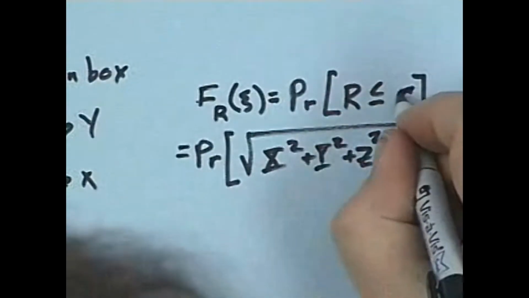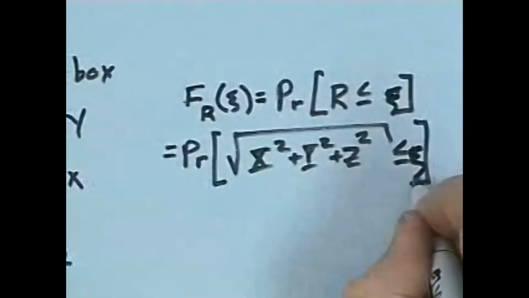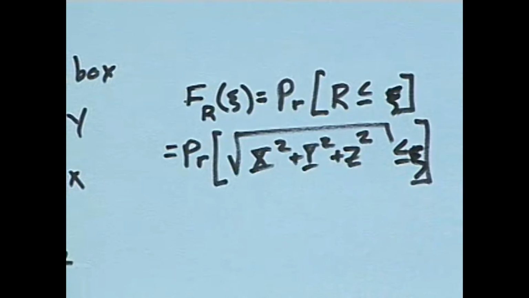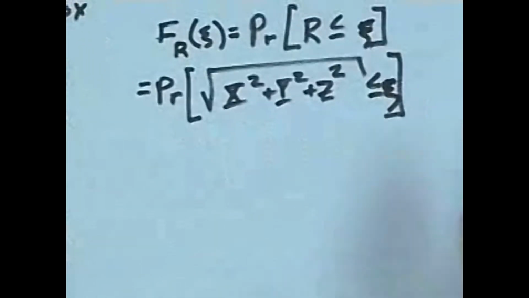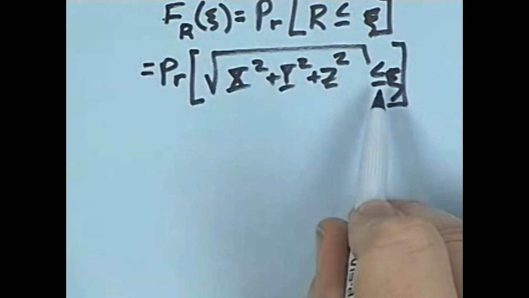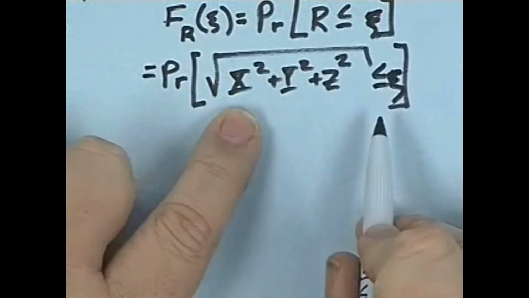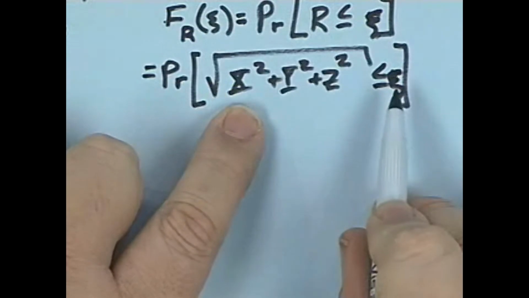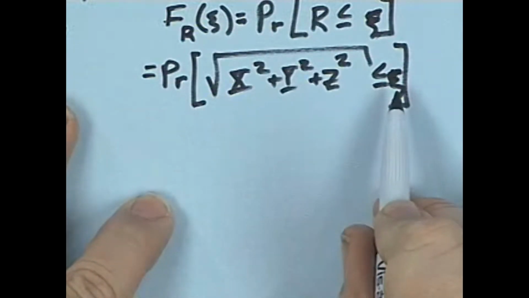I'm sorry, this should be a C, shouldn't it? Now, the beauty of this is that this relationship is recognized as a sphere, as indeed it should be. And it's a sphere with a radius of C.